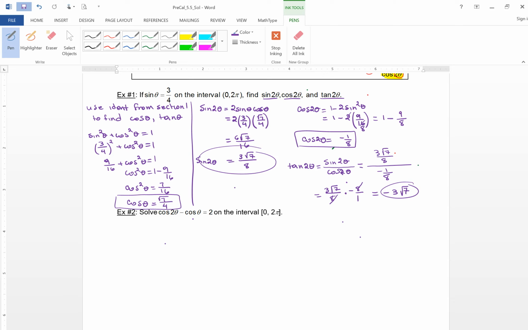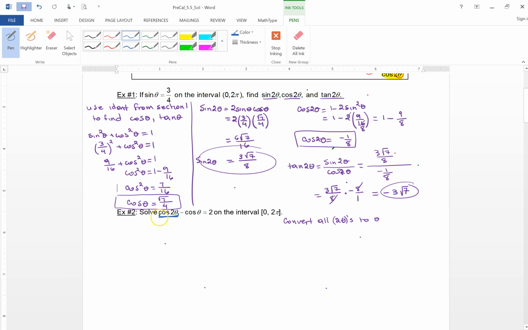Similarly, you cannot mix a double angle with a single angle. All your angles have to be either all 2 theta, or all 3 theta, or all just simple theta. Okay? So first, we have to convert all 2 thetas to theta.